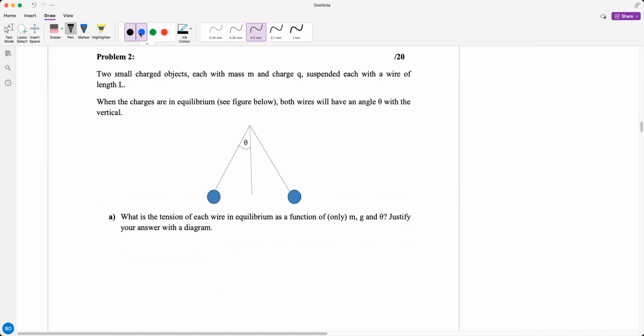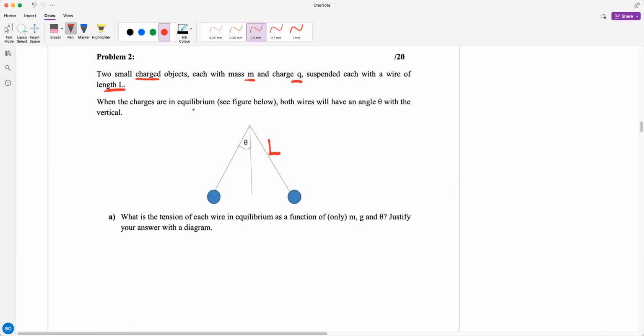Now, again, let's go to the keywords. It is very important to look at the keywords of your problem. Two small charged objects, so we are talking about charged objects. They are given the mass, the charge, and the length L. When the charges are in equilibrium, this means that they have the same charge. They will exert the Coulomb force on each other.